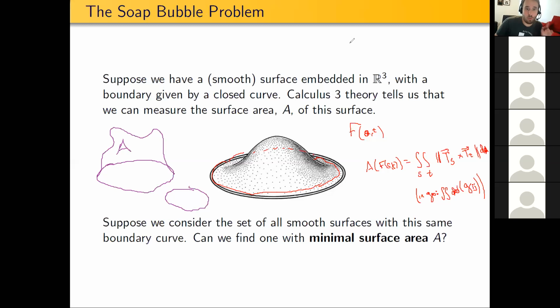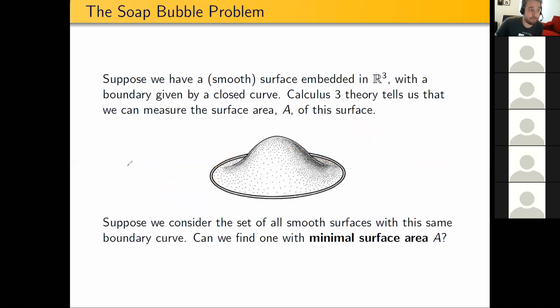So first of all, we expect that the answer will be a flat disk. This is our intuition, our gut feeling. So the flat disk should be an answer to this problem. If this is the unit circle, so suppose that this has radius 1, then the flat disk has surface area pi times the radius squared.